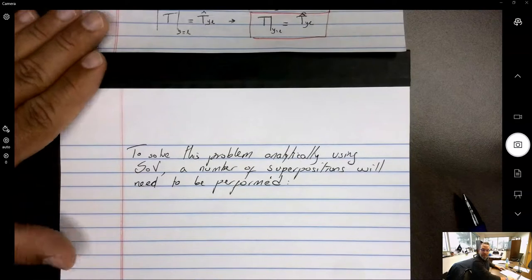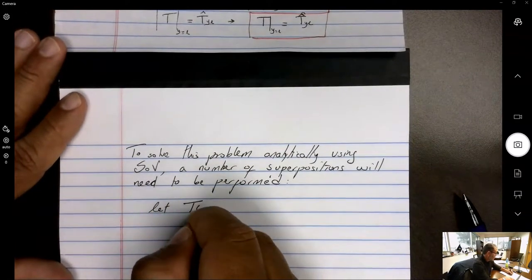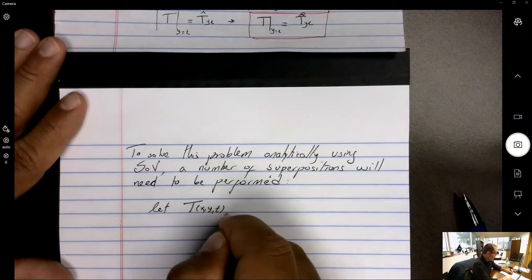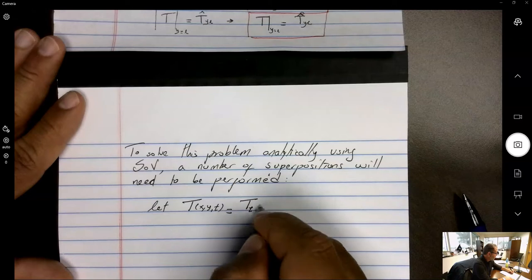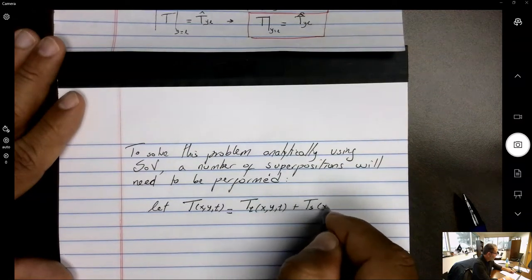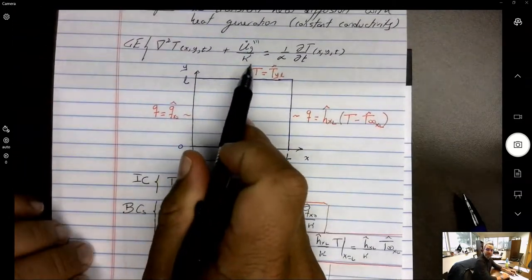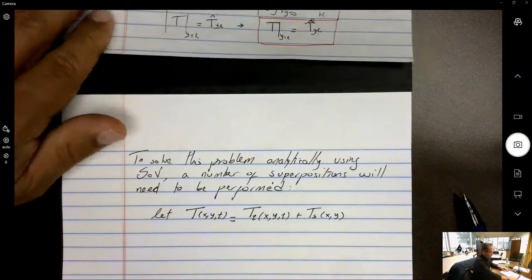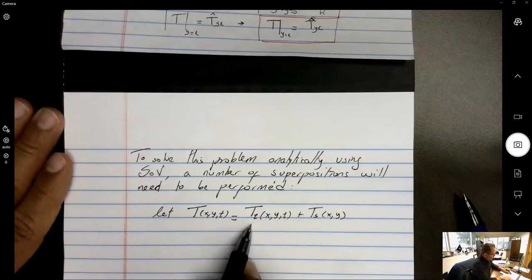So basically what we need to do first is let the temperature T of x, y, and t, as we went through this process last time, be separated into a transient solution plus a steady solution. That's necessary because the governing equation itself is non-homogeneous. So what we do is keep the transient problem homogeneous.